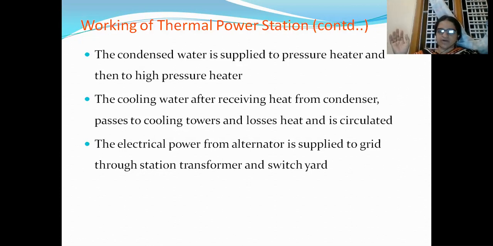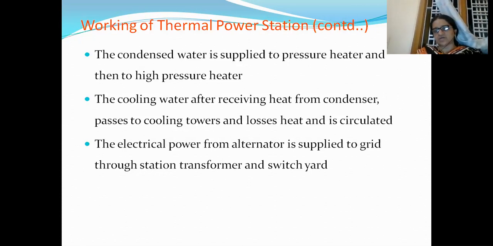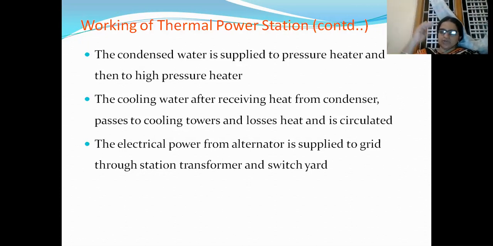As these power plants are far away from public areas, the power station will have a transformer called a station transformer. With its help, they increase the level of voltage, or step up the voltage, and transmit.